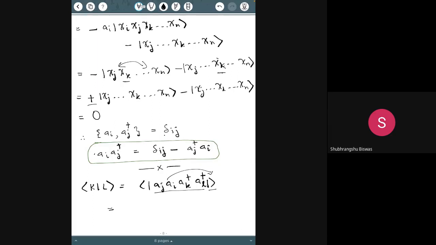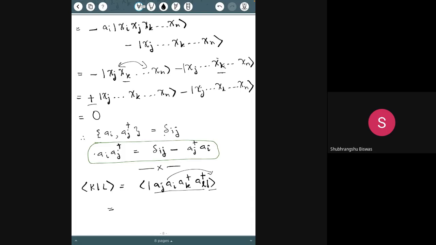Alternatively, if this determinant was something else, like a Hartree-Fock determinant with occupied orbitals, and let's say L is an occupied orbital, then I would try to move the creation operators to the right if they were not already on the right. So the goal is to annihilate the ket in almost all the manipulations that we will do.